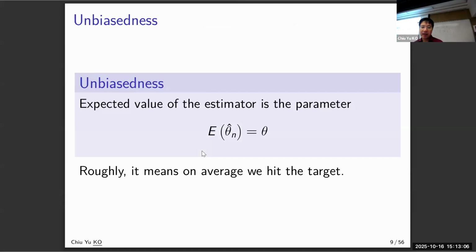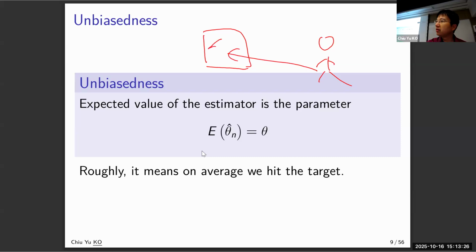Unbiased means, I already mentioned the football, right? Cristiano Ronaldo and me are unbiased football kickers. Why? Because Messi or many stars, when they kick the football, they can always kick it in. Very good. For me, I'm very bad at football.